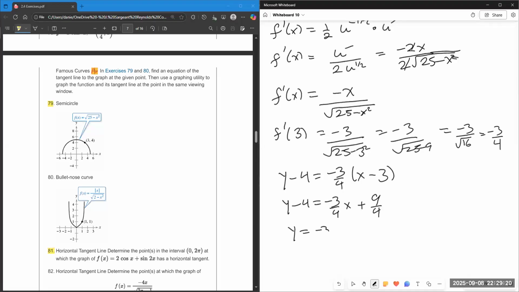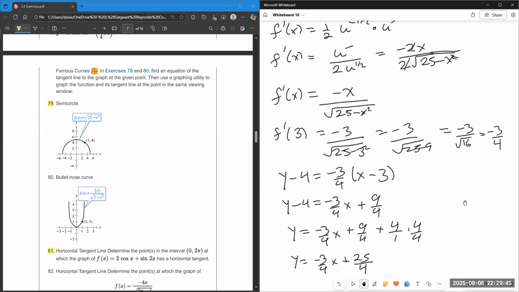Y equals negative 3/4 x plus 9/4 plus 4 over 1, which I need to multiply by 4 over 4 to make a common denominator. Y equals negative 3/4 x plus 9 plus 16 is 25 over 4.